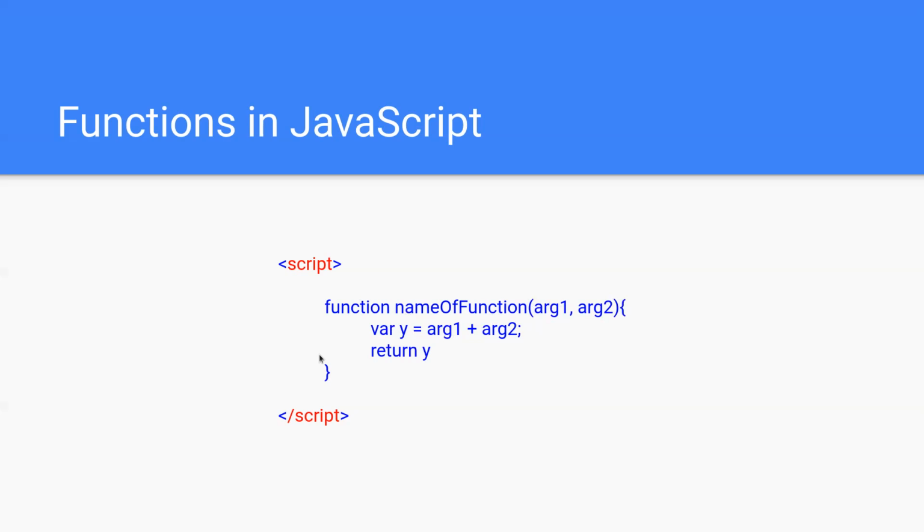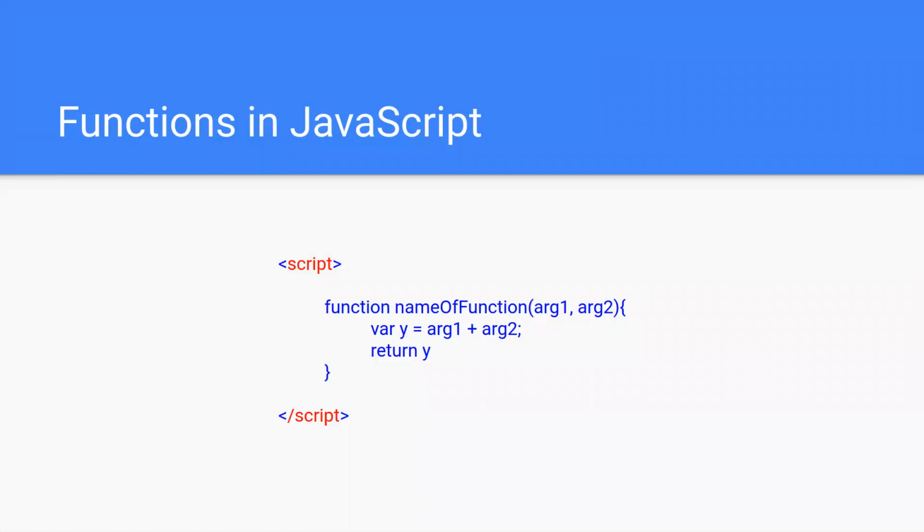So this is a very basic function which will add the two arguments and return its value. So whenever you want to run this function, you write the name of the function followed by the arguments, like name of function 2 comma 3, and that will return to you 5. So these are functions in JavaScript.